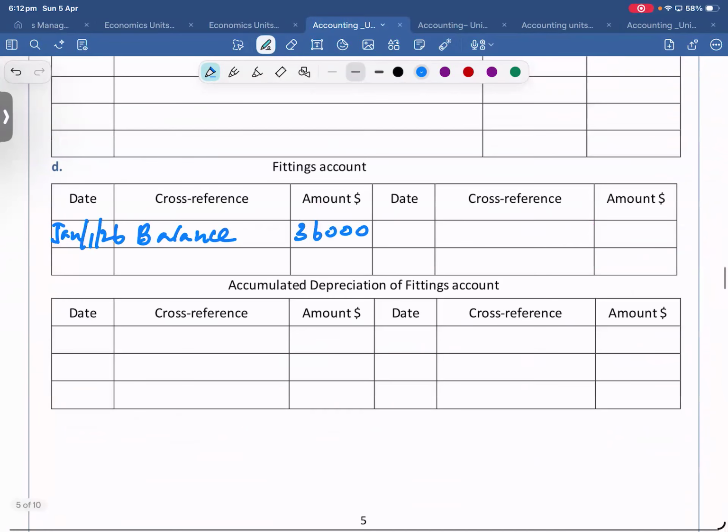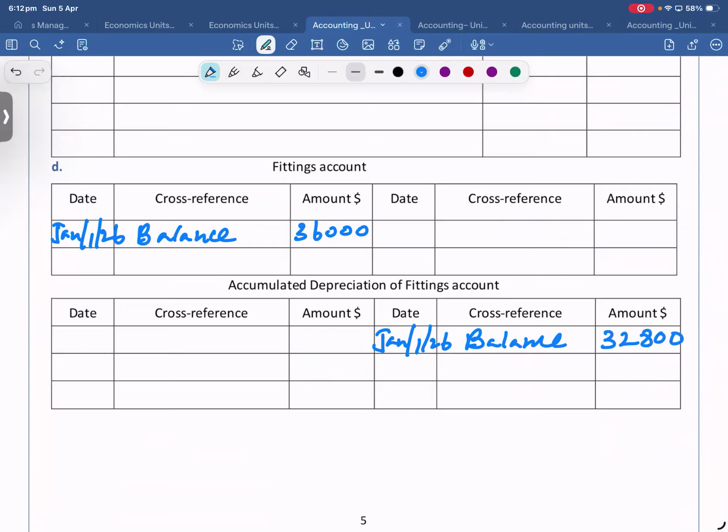This one also January 1st, 26 accumulated. So you have a credit balance. How much? 32,800. Then you are adding that 240 here from March 31st, saying not accumulation, sorry, depreciation expense of fittings. Yep, 240.